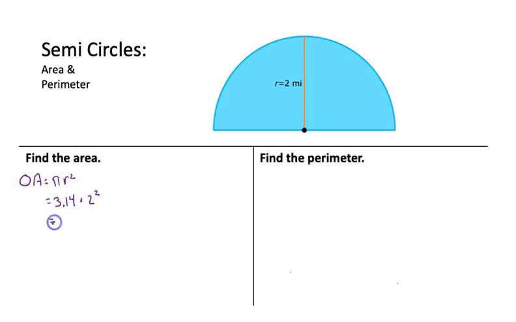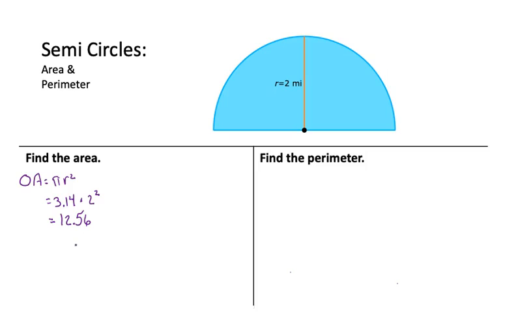I'm just going to plug that into my calculator. Type in 3.14 times 2 squared, enter, and I get 12.56. Okay, so 12 and 56 hundredths.